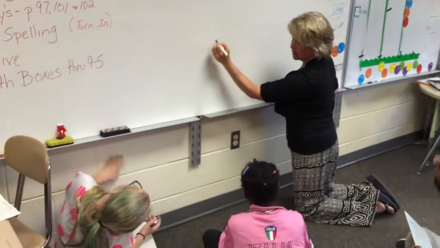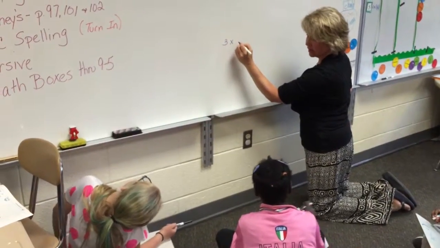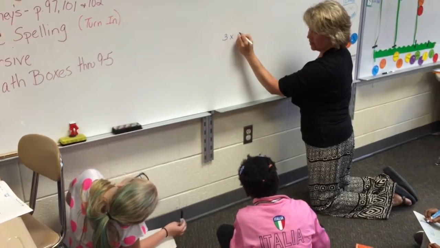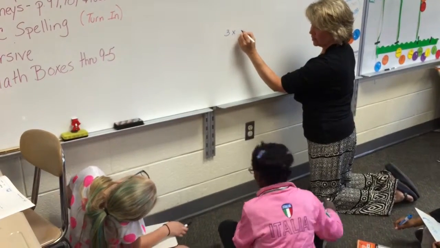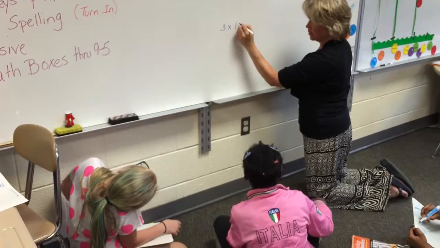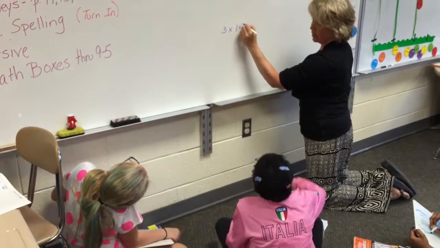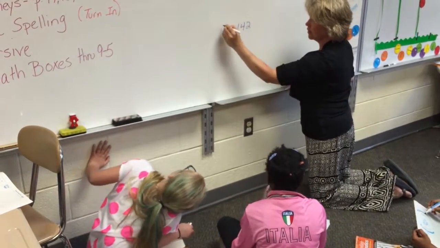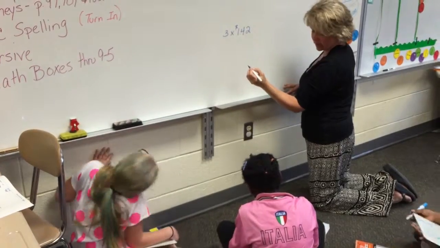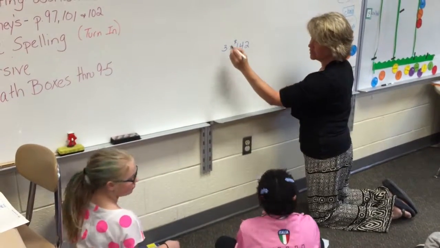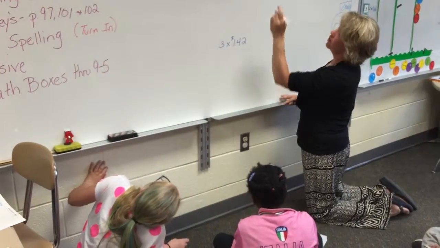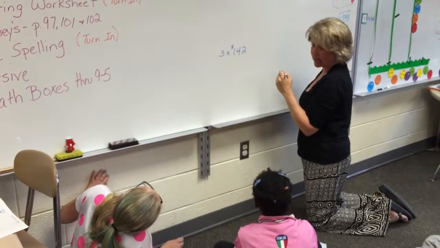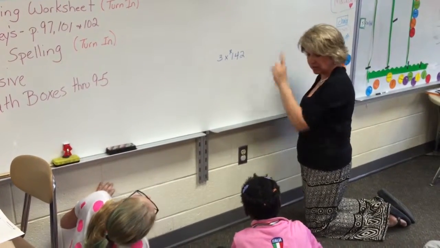3 times what? 1 what? 42. Yep, exactly. Lindsay, you seeing this? 3 times 1.42. Okay? But we also need to add in paper because we're adding paper. Lindsay, you need to look at the board, I think.